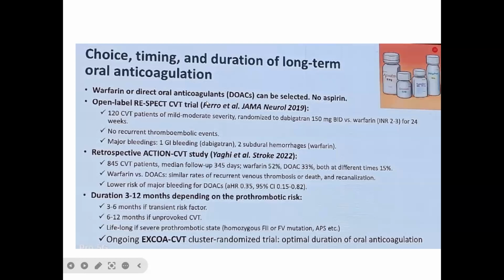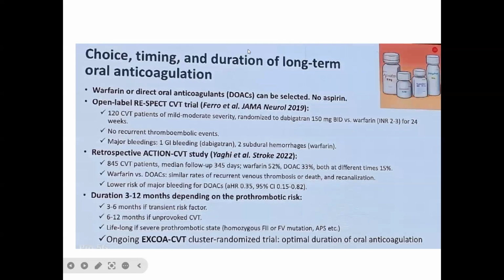Cost factor would be the major deciding factor in our setting. Some people also don't want to keep coming to the hospital for checking INR and everything. Yes, sir, they are very much compatible with NOACs.